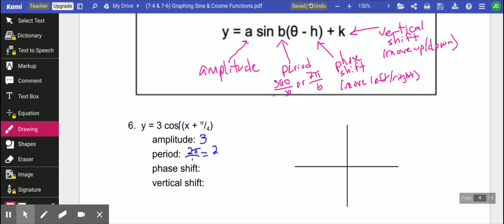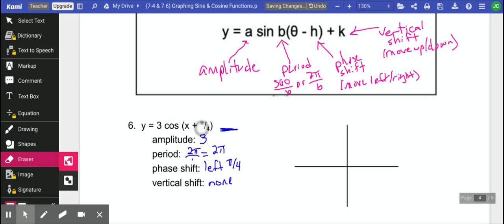So our period is 2 pi. Our phase shift, that's this number right here. Anything that happens in the parentheses is opposite of what you would expect. So this is going to be left pi over 4. And then vertical shift is anything that's hanging out over here, which we have none.